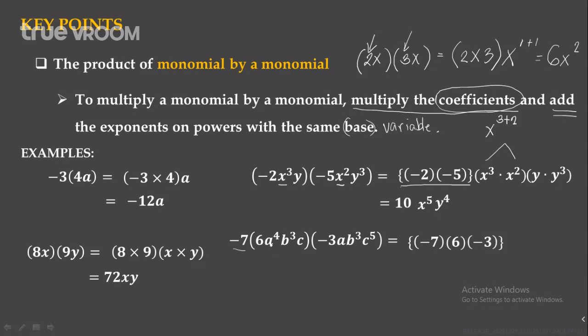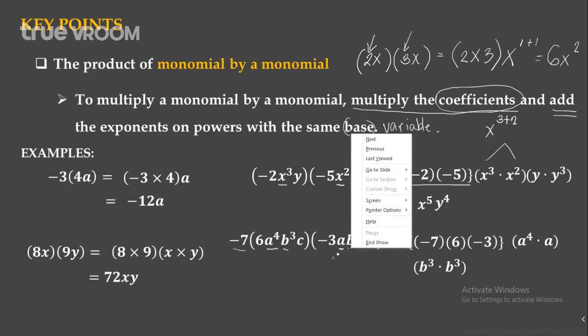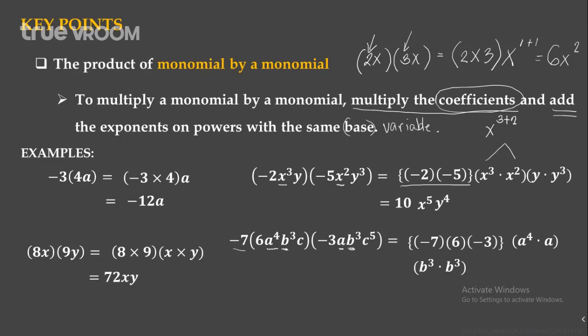So we have a raised to 4 and a. We are just going to combine these two: a raised to 4 times a. The same also with b, so we have b cubed times b cubed.